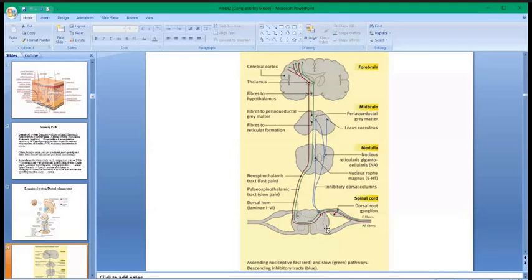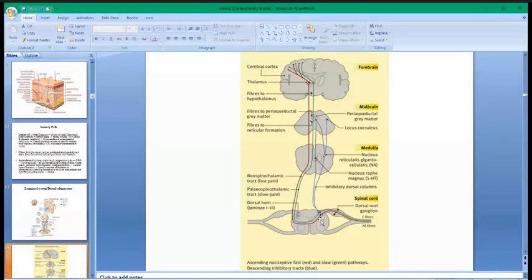See, you better follow the red one, red line. The sensation enters from here. This is the dorsal root ganglia, ends here. So here ends the first order neuron. Where? In the dorsal root ganglion.